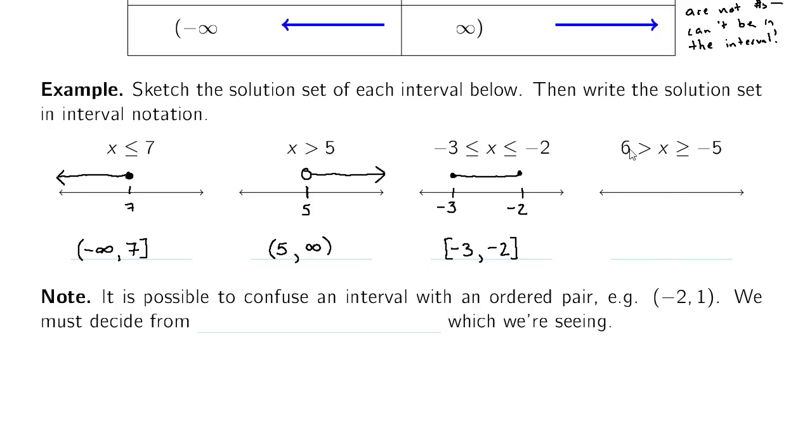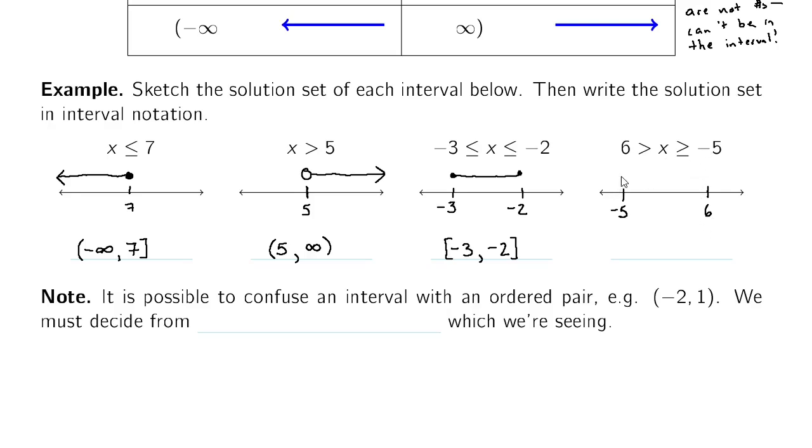One more. 6 is greater than x is greater than or equal to negative 5. So we've got greater than symbols. We're going from right to left. All right, we have 6 over here. We have negative 5 over here. Of course, when we draw a number line, our number line has to be in order from least to greatest.